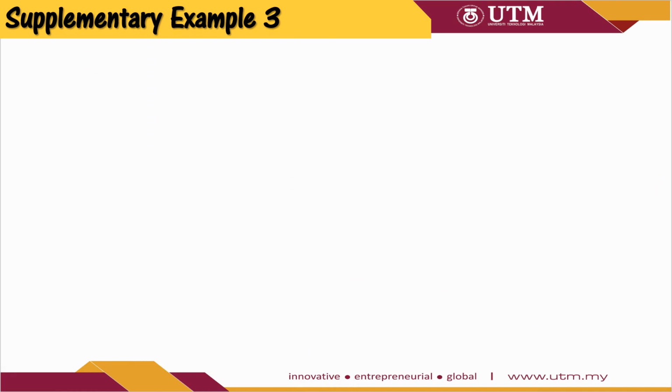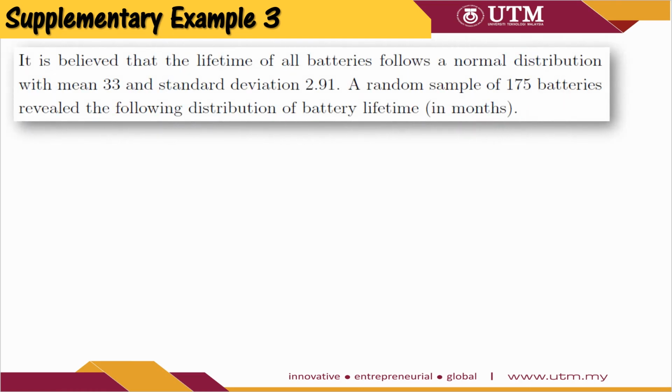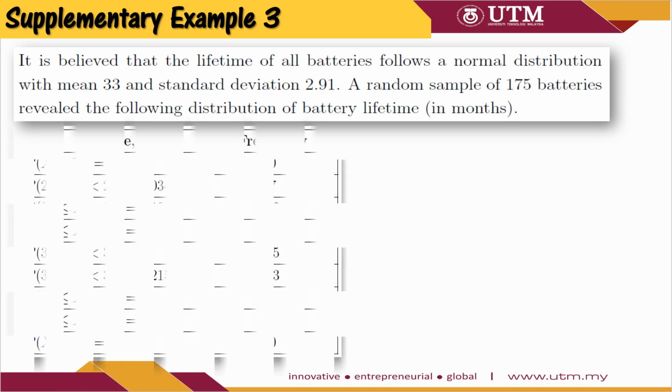Let's look at the last example on goodness of fit test in this video. This example is also one of the past final exam questions. It is believed that the lifetime of all batteries follows a normal distribution with mean 33 and standard deviation 2.91. A random sample of 175 batteries revealed the following distribution of battery lifetime in months.